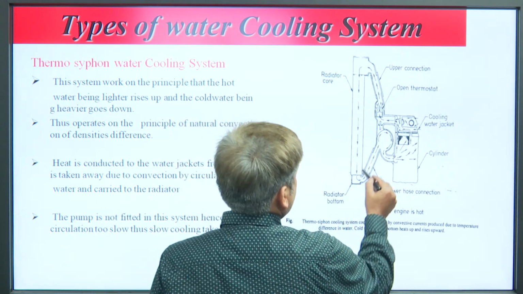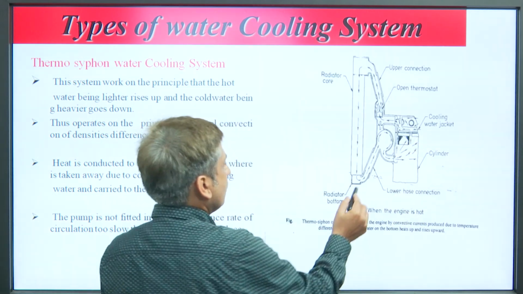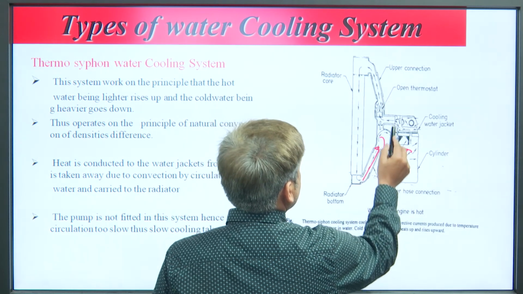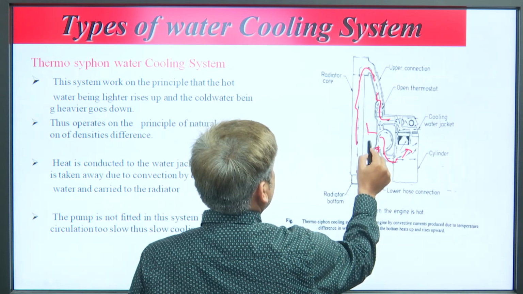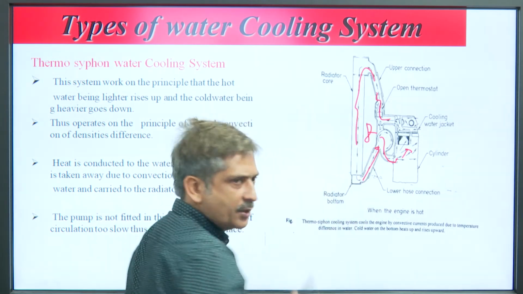So this water is circulated all around the cylinder. The cold water comes in here, the hot water goes in this direction, and here we apply the fan. So it gets cooled and comes out in the downward direction.